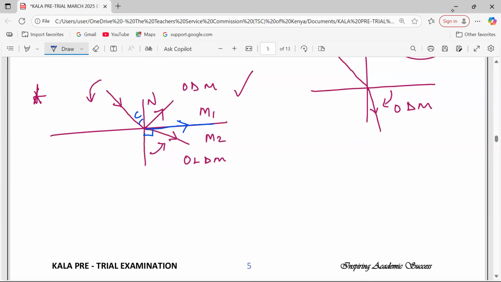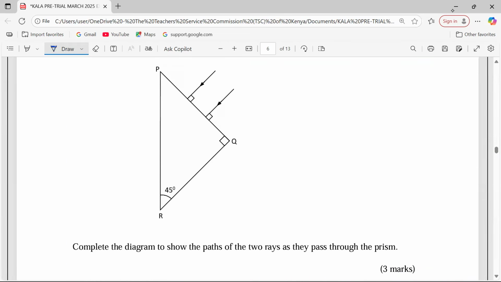So the angle of incidence in the optically denser medium, for which the angle of refraction is 90 in the less dense medium, is called the critical angle. Now, if you increase the angle of incidence beyond critical, it means instead of refraction, we shall have total internal reflection. So that's why we are saying total internal reflection must occur if and only if the angle of incidence has exceeded the critical angle. I hope we are together there.